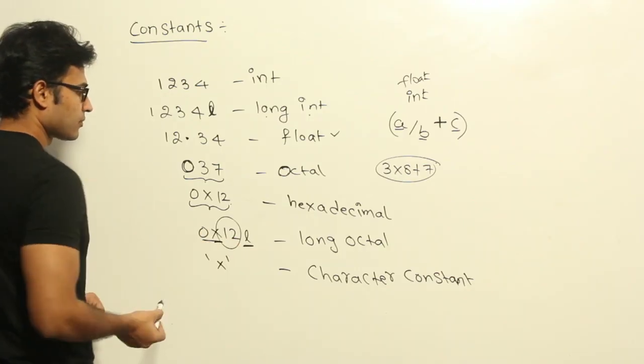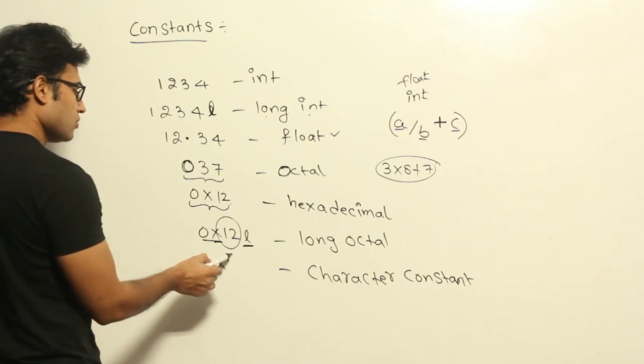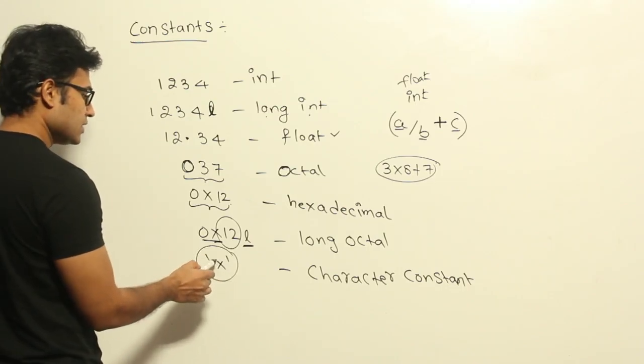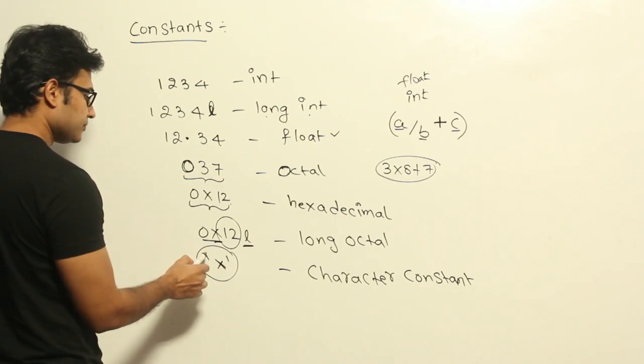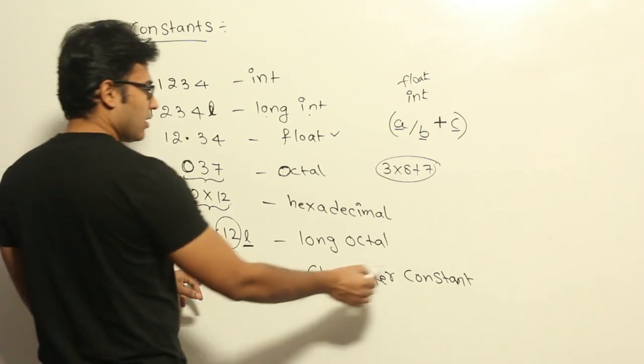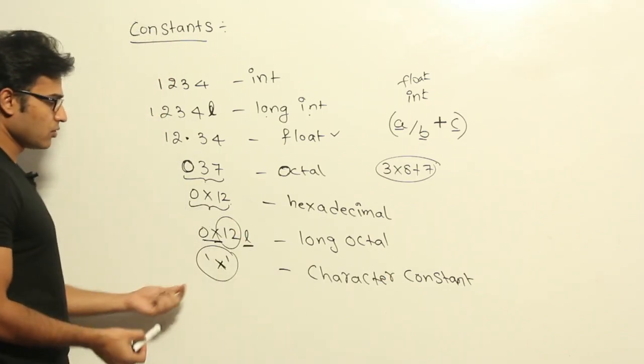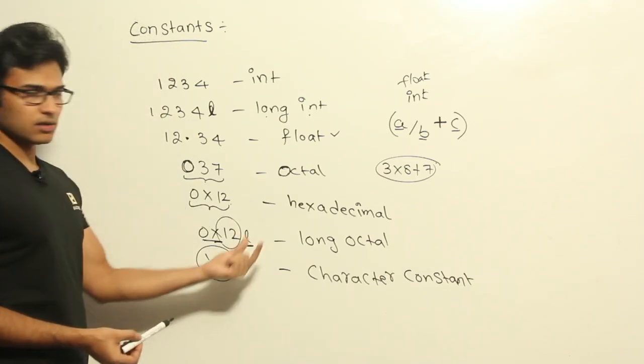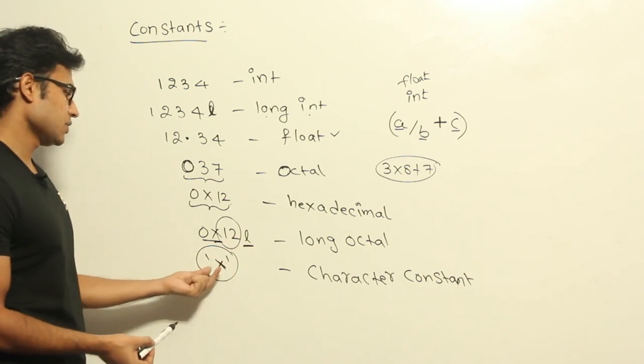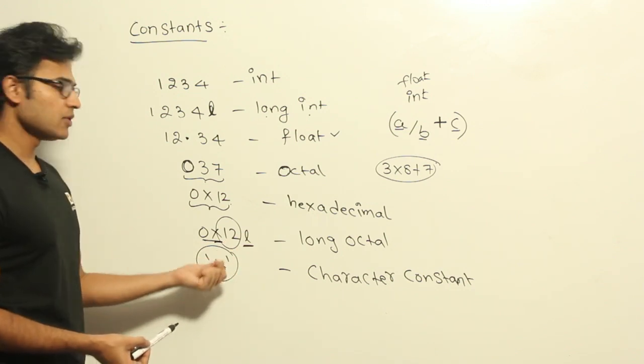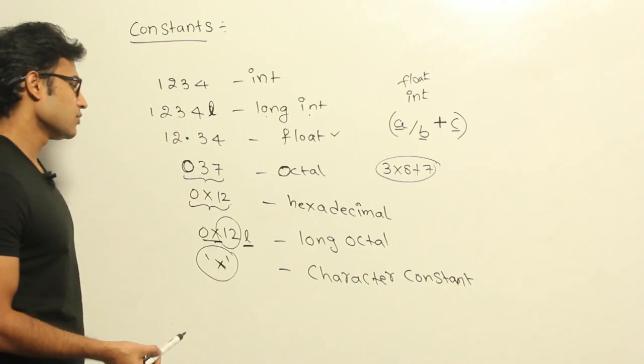If you have a character in quotes like this, that is a character constant. When you use this in any numerical expression, the ASCII value of the character will be taken and used there.